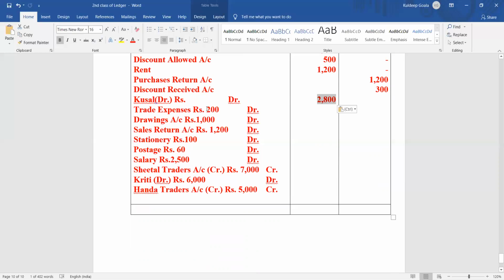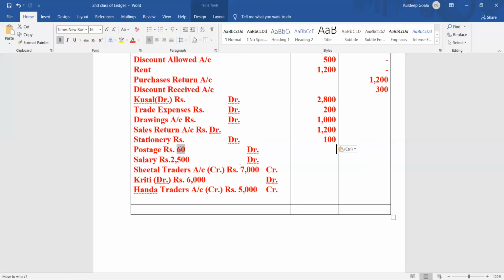Again, trade expenses, it is also in the debit side, just show it in the debit. Just remember the sequence, the line in which you are going to place the figures. Okay. Again, drawings in the debit, so place in the debit. Sales return debit, place in the debit. Stationery debit, place in the debit. Then postage debit, place it there.